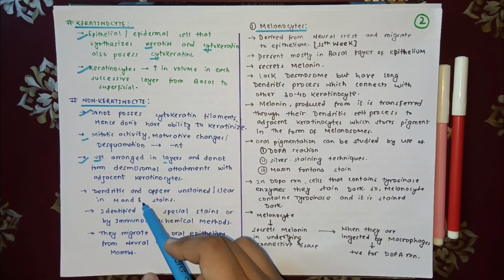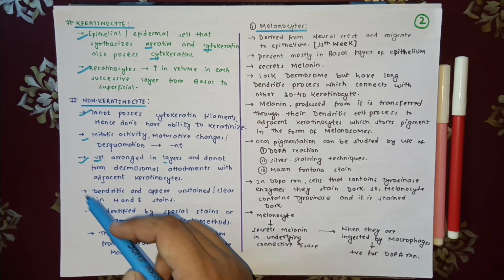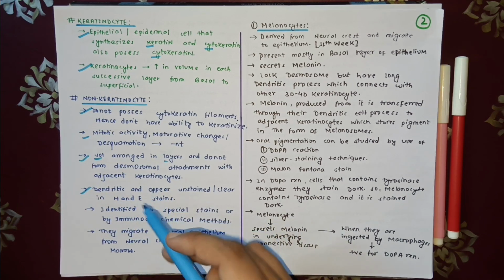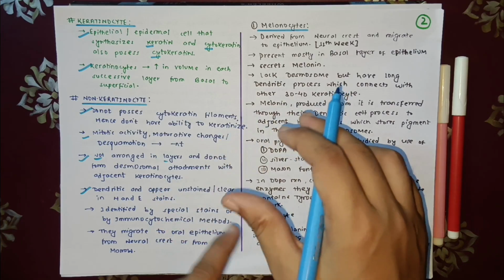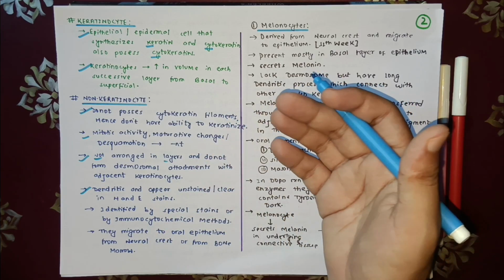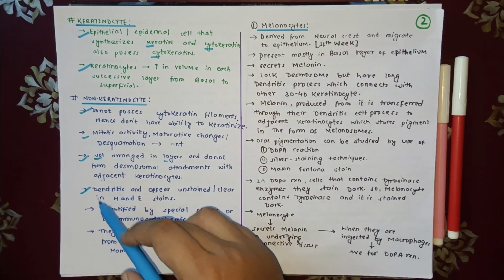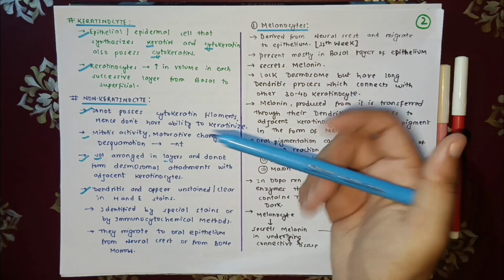After that, they are dendritic and appear unstained or clear in H&E stain. So they are mostly dendritic in appearance. Dendrite, I think you have studied in the neuron chapter. The neuron has an axon and dendrons, so dendrite is there. That type of appearance is present in the non-keratinocyte, and I will show you the picture.